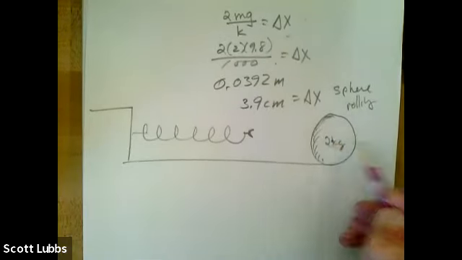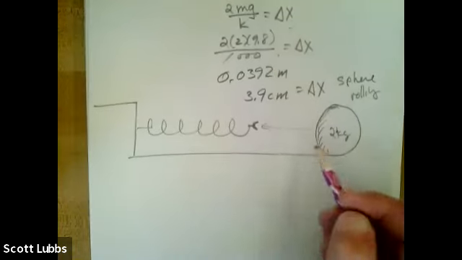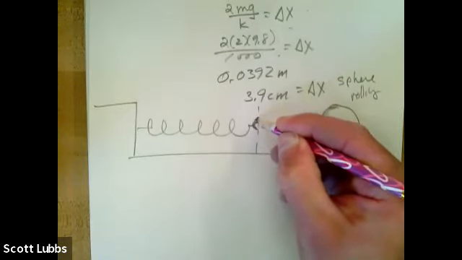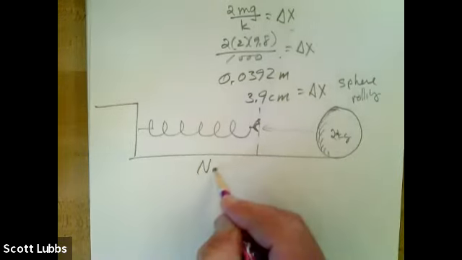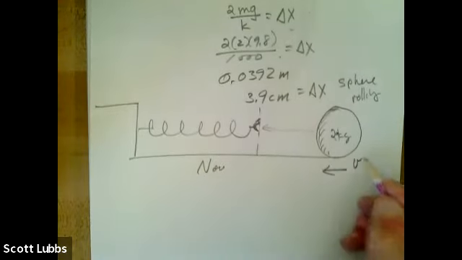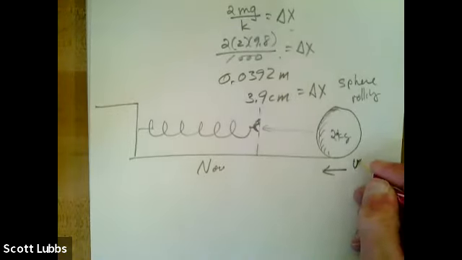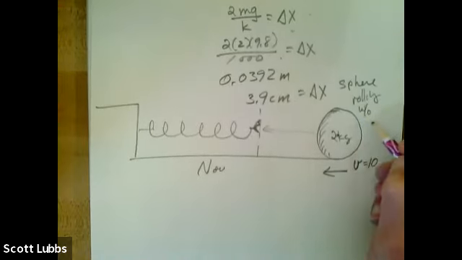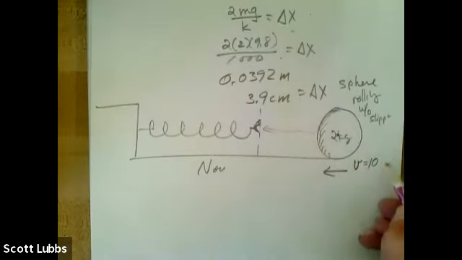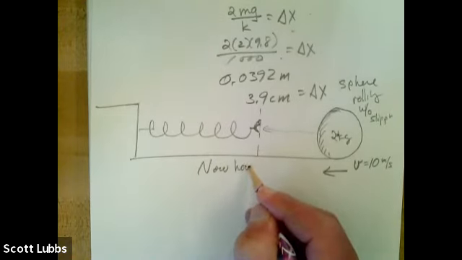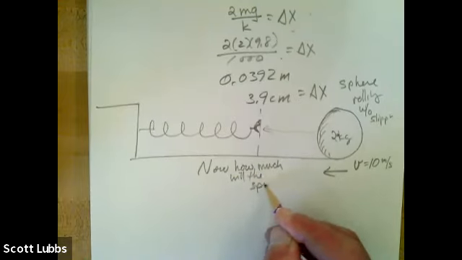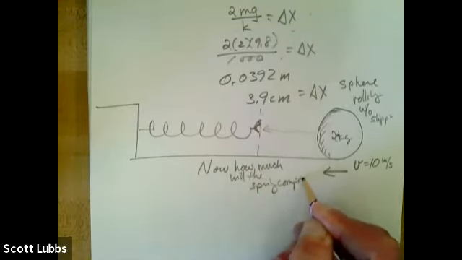There'll be a little nub here, and as this rolls and goes into there, this little nub on either side is going to catch it. v is going to be the same, 10 meters per second going that way, rolling without slipping. Now, how much will the spring compress?